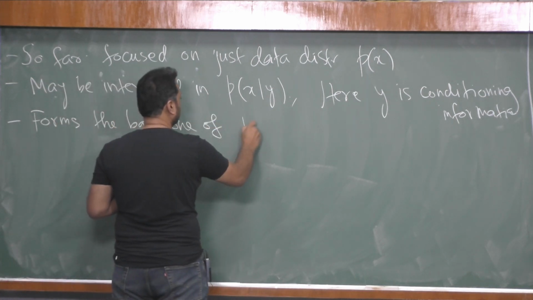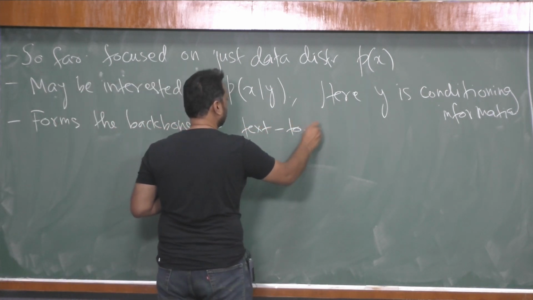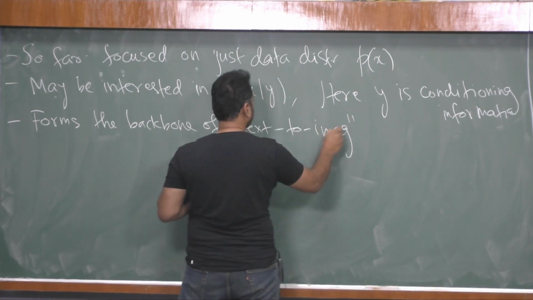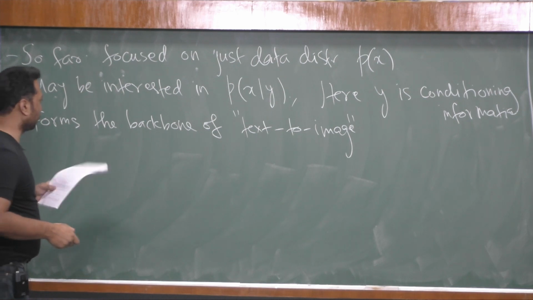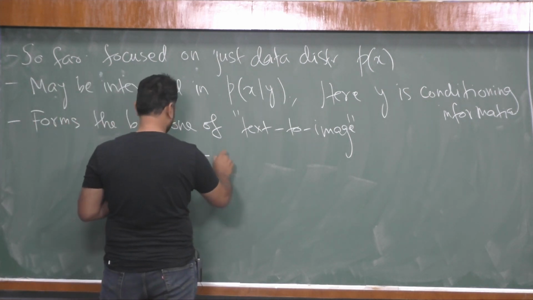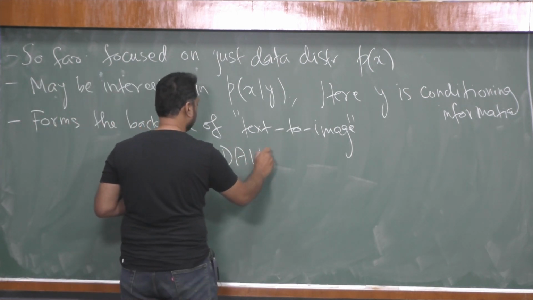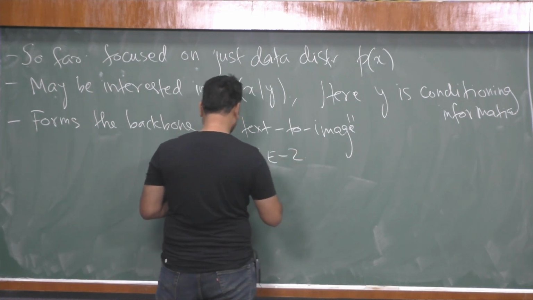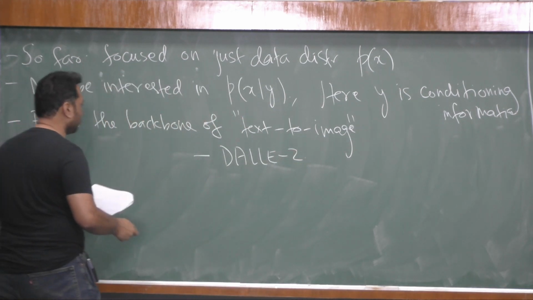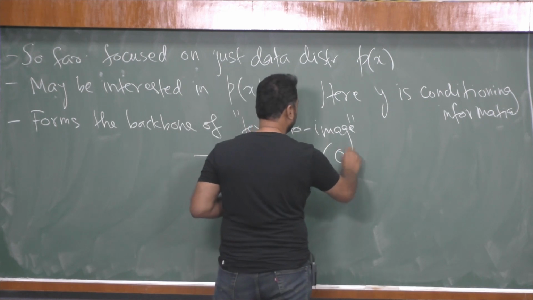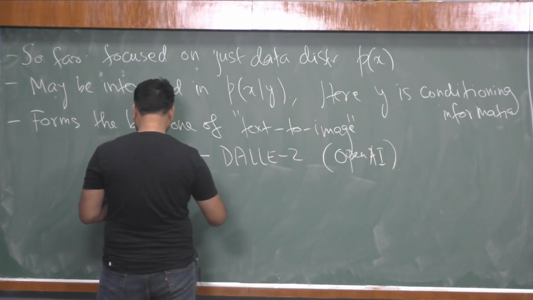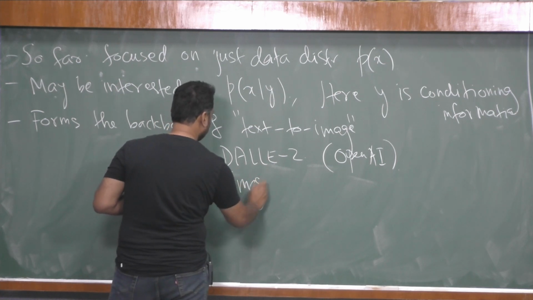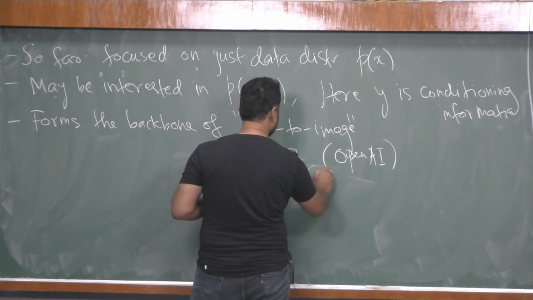And this essentially forms the backbone of text to image type of applications. For instance, what we have seen very recently in the news is DALL-E 2 and ImageGen. DALL-E 2 is from OpenAI, which is also behind GPT-3 and 4, and ImageGen is, I believe, from Google.